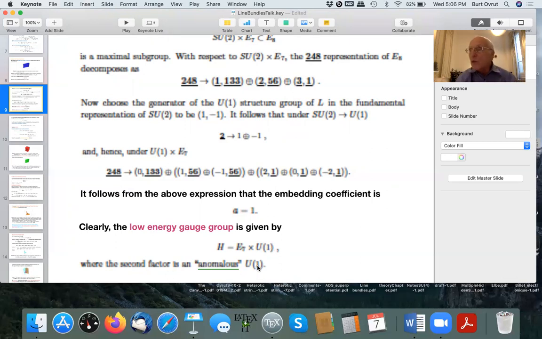I won't go into this or talk about anomalous U1s here, other than to mention that there is an extra U1 at low energy here. The gauge connection associated with this will become heavy, but there still will be a charge associated with this U1 for any low energy physics. Okay, anyway, that's our low energy gauge group.